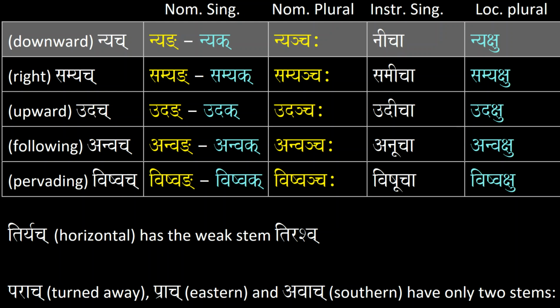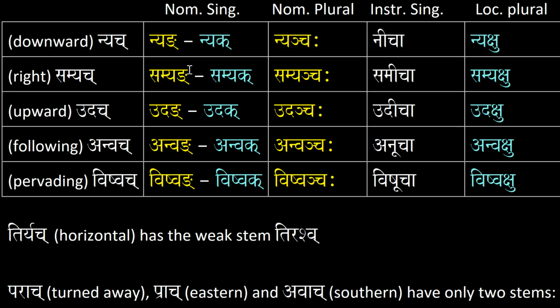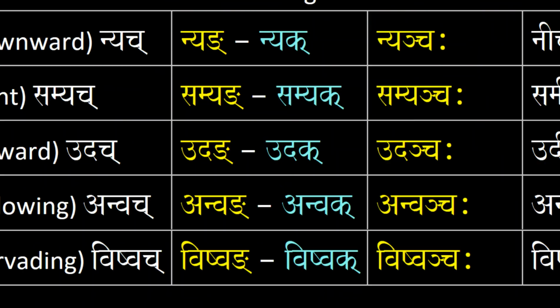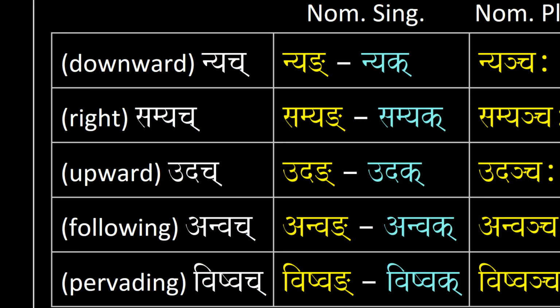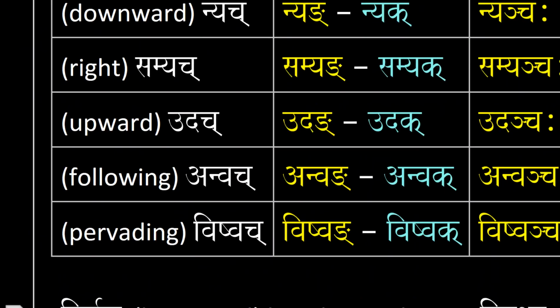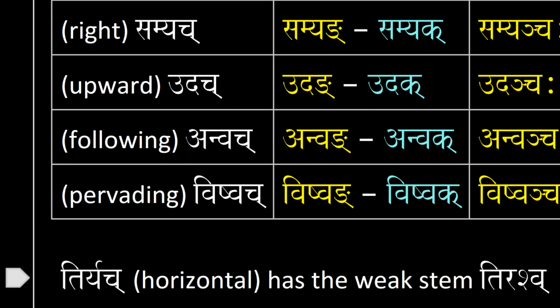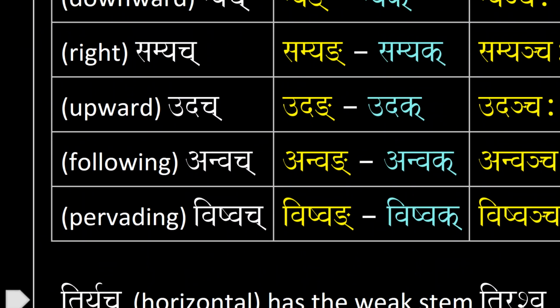Let's go over them from top to bottom: downward, right, upward, following, and pervading. The yellow here is all the nominative singular for the masculine gender. So we have nyan, samyan, udan, anvan, and vishwan.